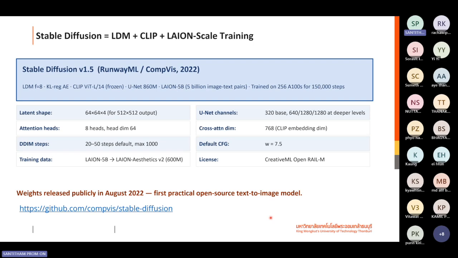Stable Diffusion is essentially the LDM that you saw earlier, working in latent space, plus CLIP, plus LAION scaling of the dataset. You have the LDM, CLIP with ViT-L/14, a specific UNet, and the dataset LAION-5B, image-text pairs. These were trained on 256 A100s for 150,000 steps.